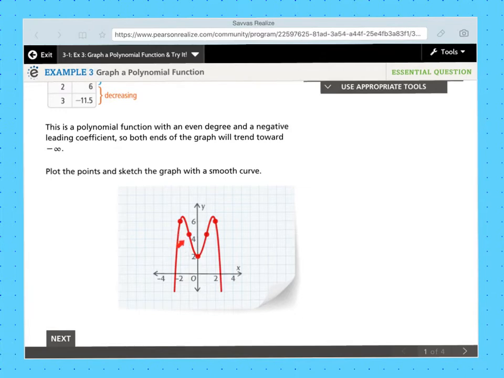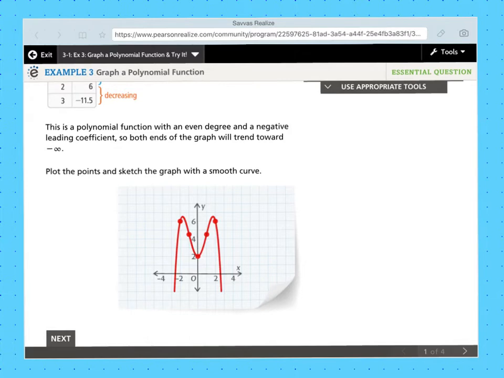As we said, here gives us a turning point. It will rise in this interval, then fall. And on the left-hand side, it will rise and then fall. Both ends of the graph are going towards negative infinity. So it describes all the key features of that polynomial function.